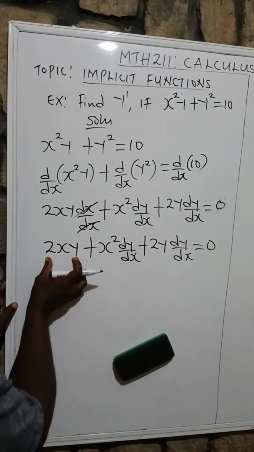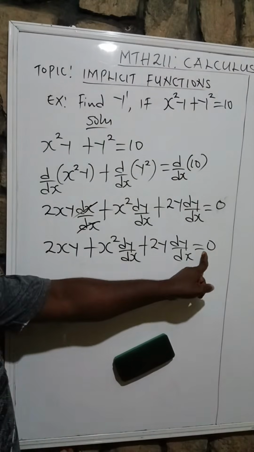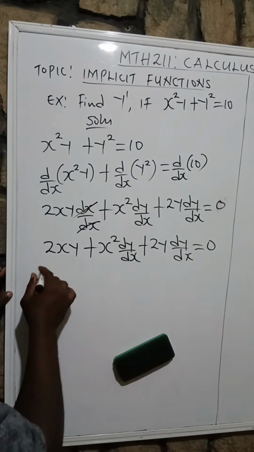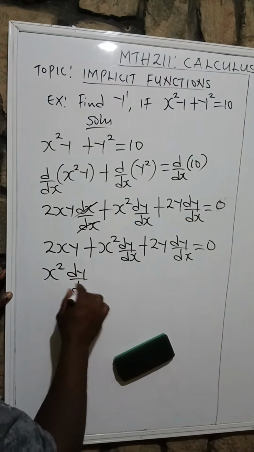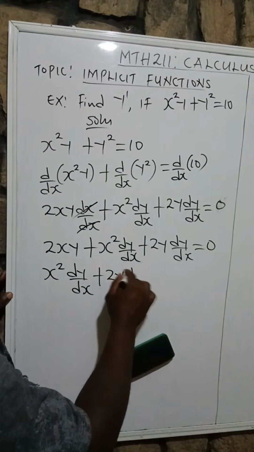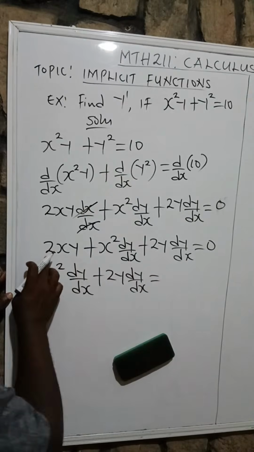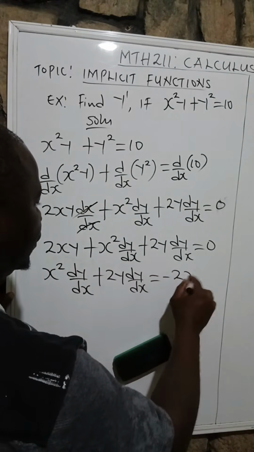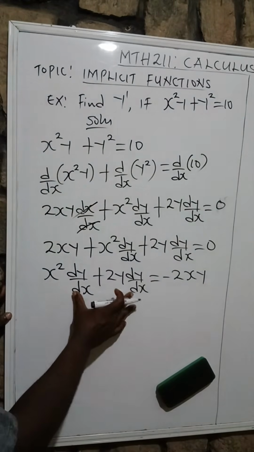So we now move this to the right hand side. When this one crosses the sign of equality, it becomes negative. So here will be x squared dy over dx plus 2y dy over dx equals minus 2xy.